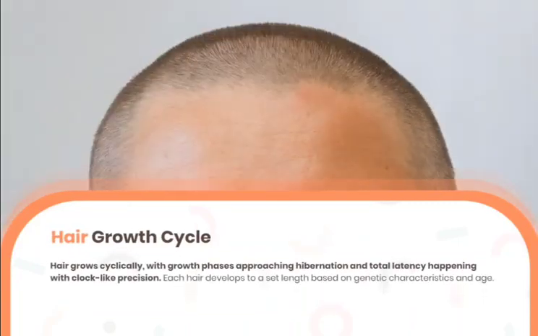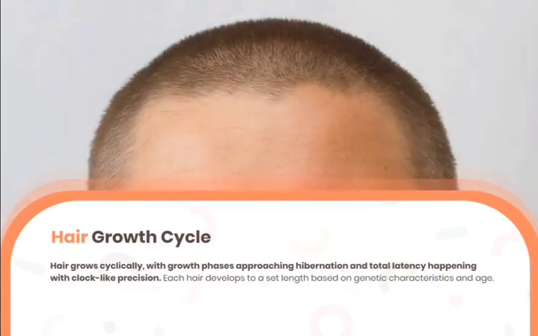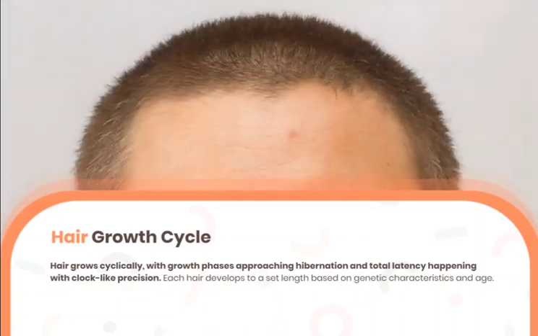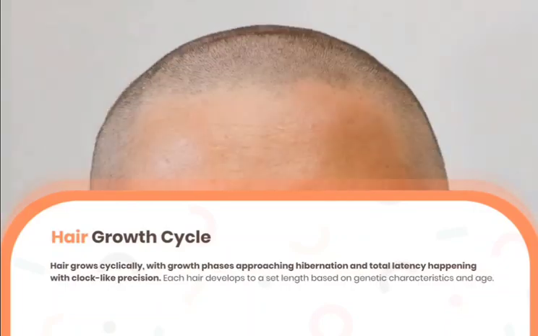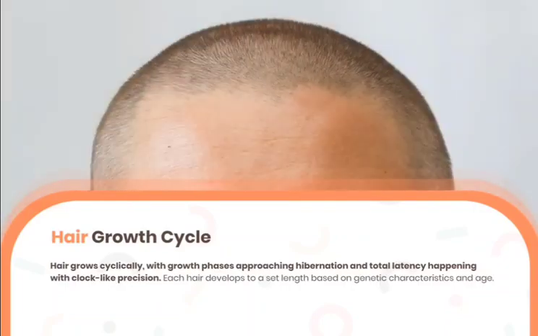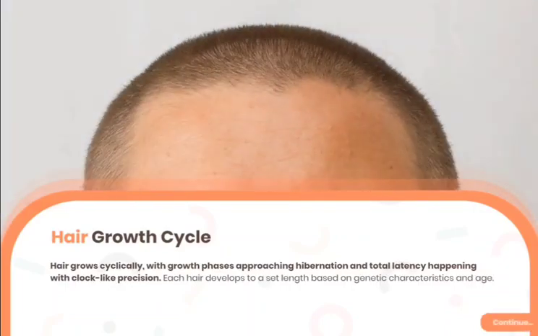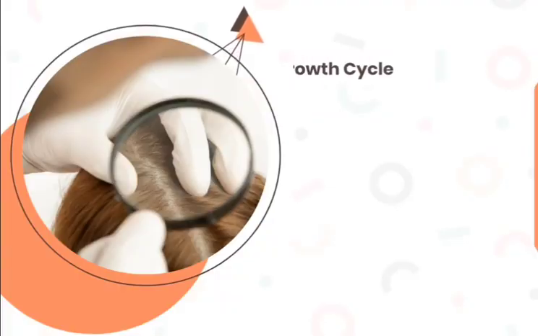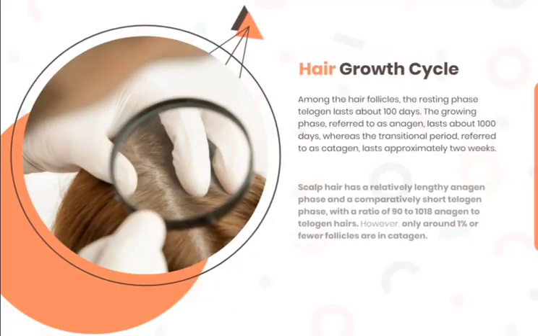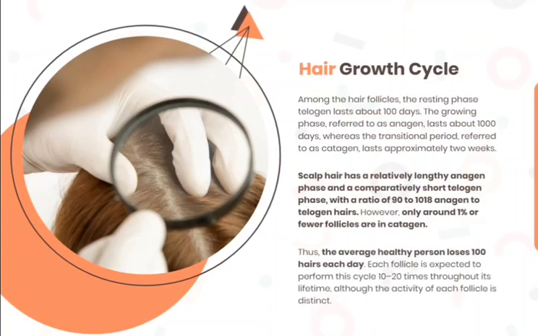Hair growth cycle. Hair grows cyclically, with growth phases approaching hibernation and total latency happening with clock-like precision. Each hair develops to a set length based on genetic characteristics and age. Among the hair follicles, the resting phase telogen lasts about 100 days.